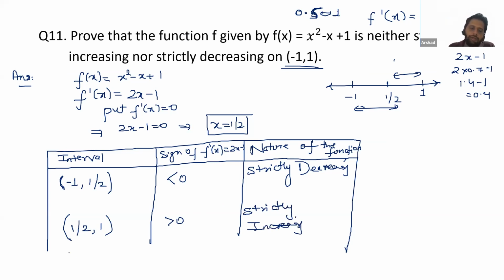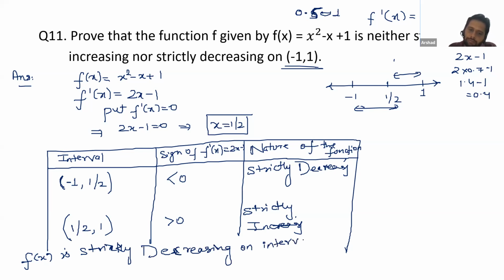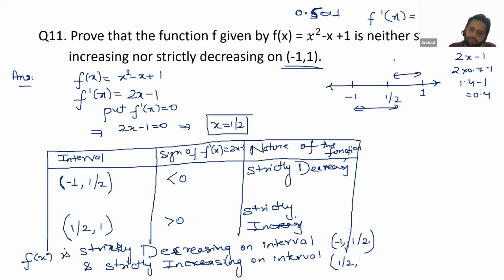So what will we write here? f(x) is strictly decreasing on the interval -1 to 1/2, and strictly increasing on the interval 1/2 to 1.